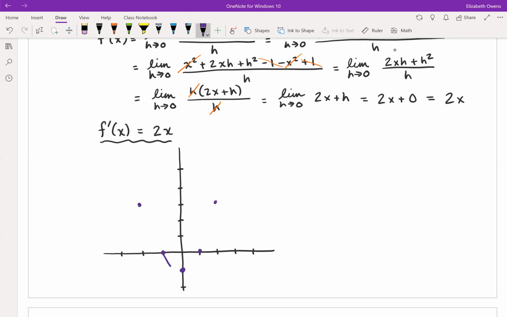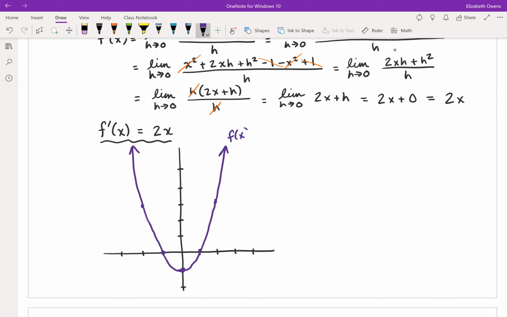All right, nice little parabola. I think that point is a little out of line. Let's fix that. There we go. Nice little parabola.